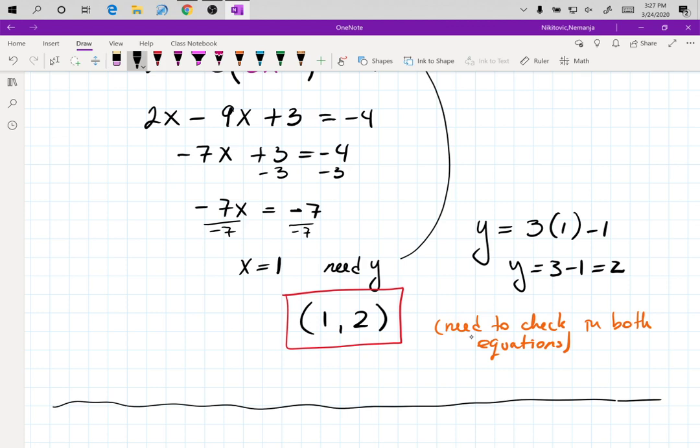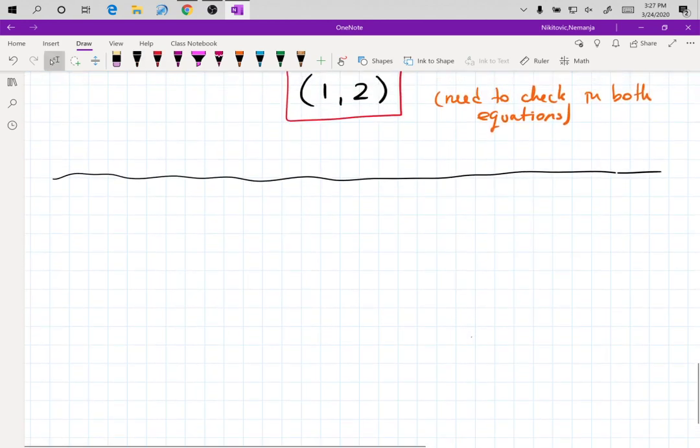Now, the next example will have your favorite F word in it, which is obviously fractions. So some problems will have fractions, like problem 16.